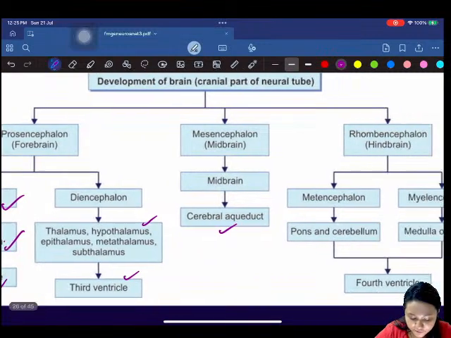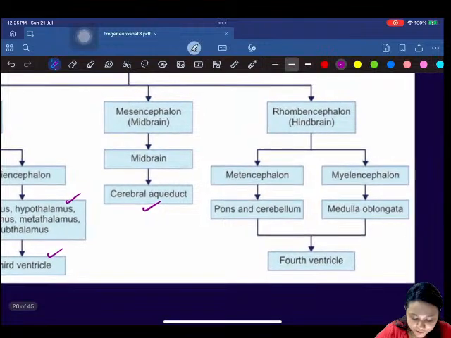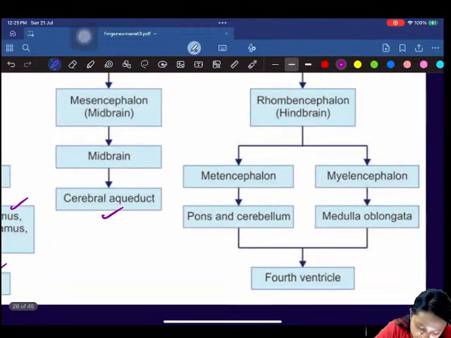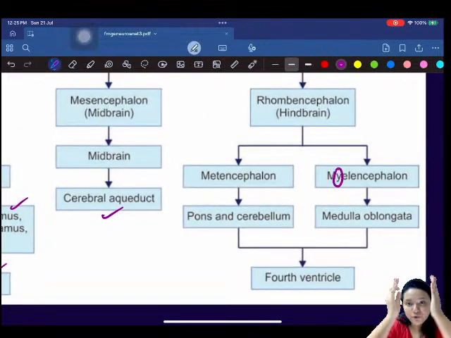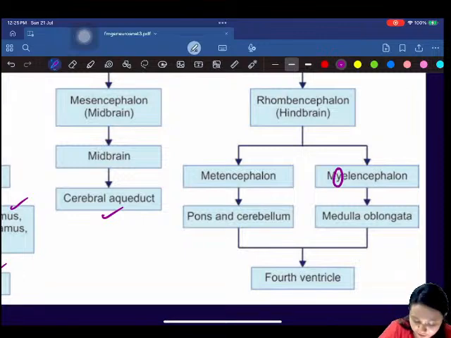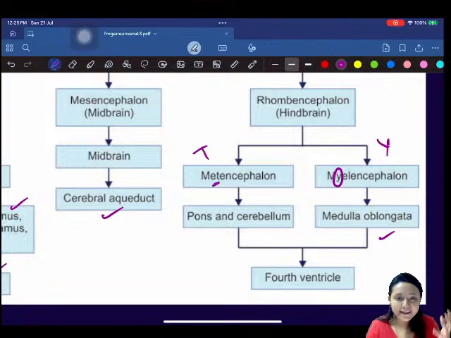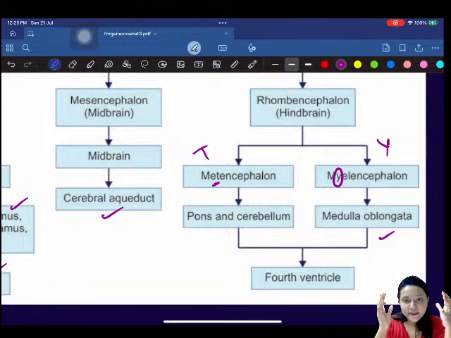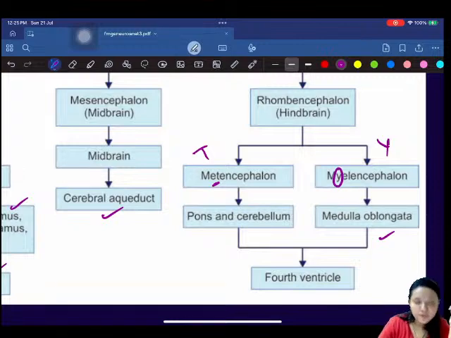And rhombencephalon, where you might get confused, wherever you have Y, that is the end. So the end portion of the brain is the medulla. So myelencephalon is for the medulla, and metencephalon, T comes first, Y comes later, right? T, meten, is the pons and cerebellum, and Y, the last part, is the medulla. So pons and cerebellum from the metencephalon, and medulla oblongata from the myelencephalon, and cavity is your fourth ventricle.